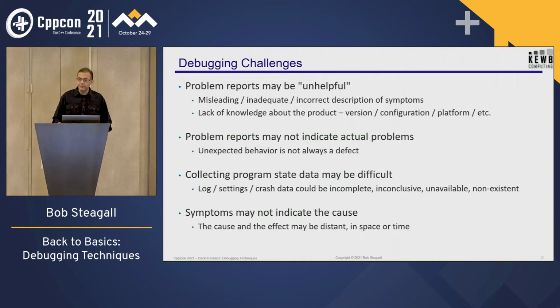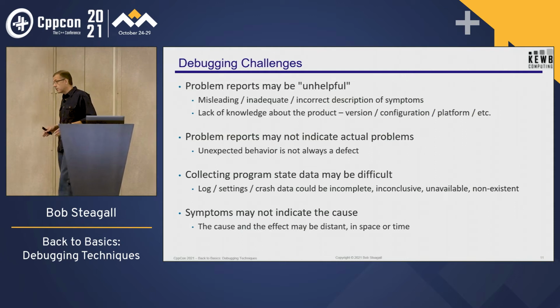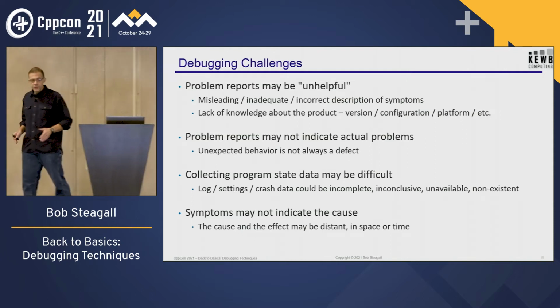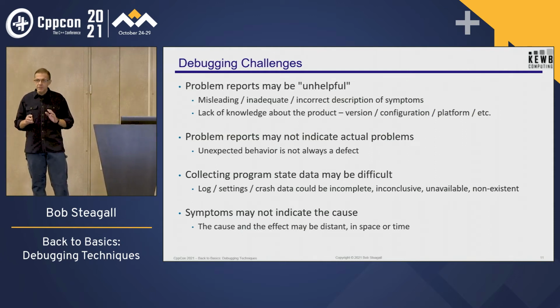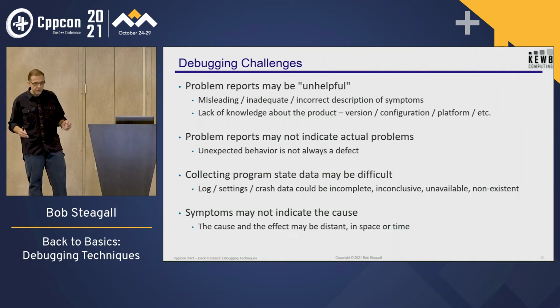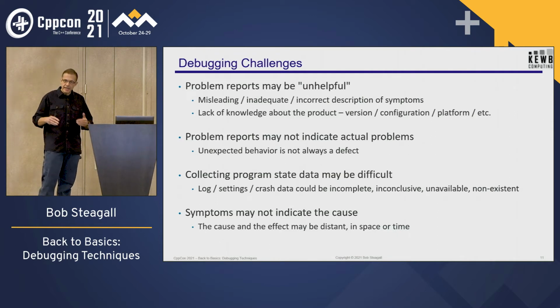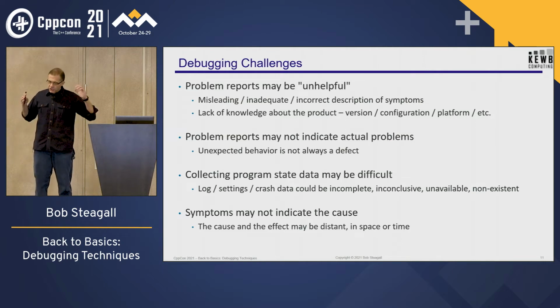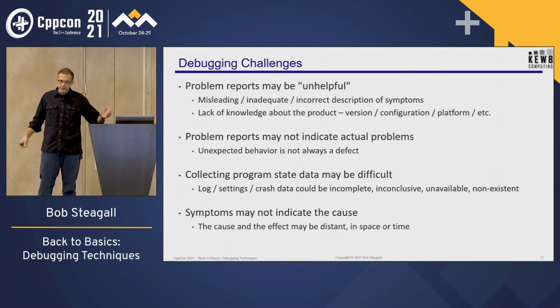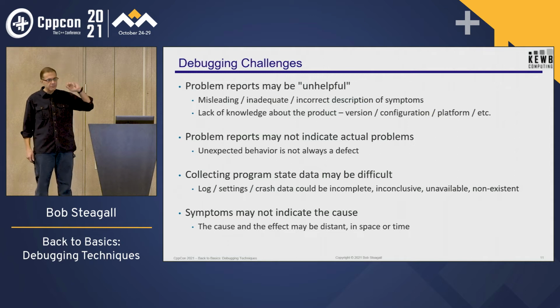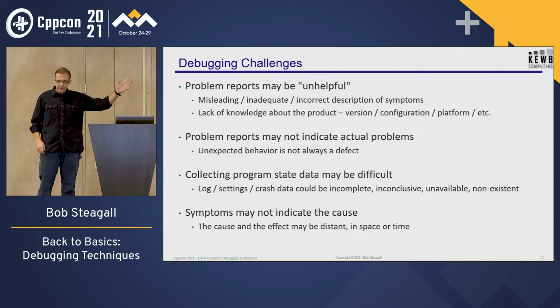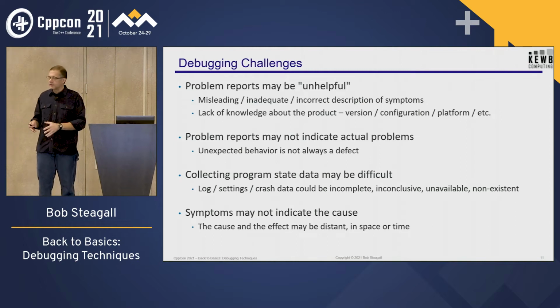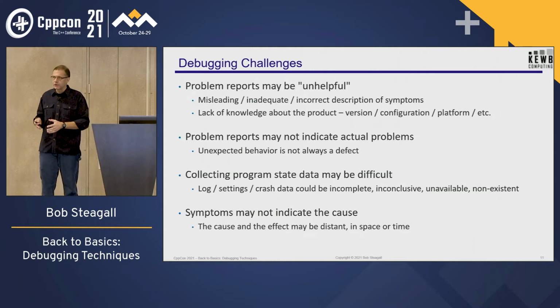The cause and the effect, importantly here, especially in the case of non-deterministic bugs, may be distant from each other in space and in time. And by space, I mean in terms of lines of code, right? The cause of a problem may be in some file that is hundreds of files away from where evidence of the symptom was first observed.